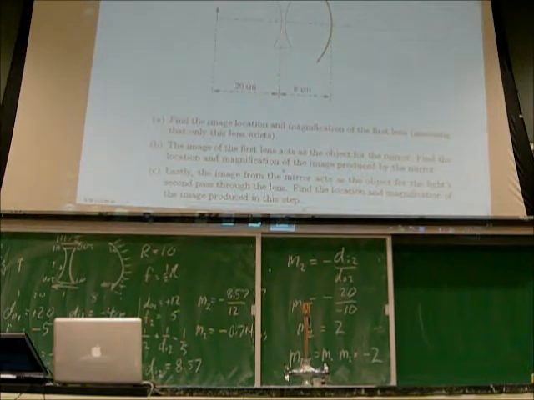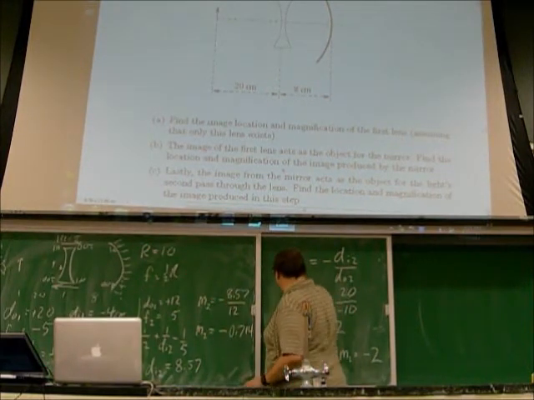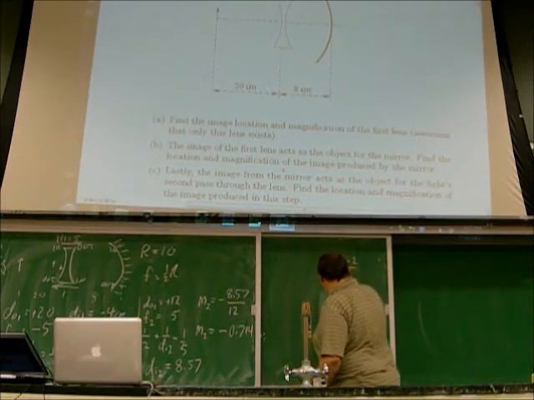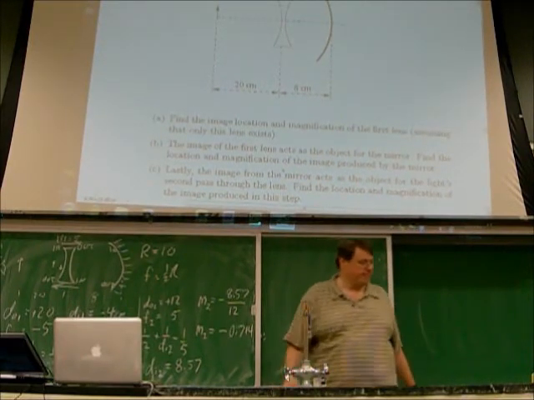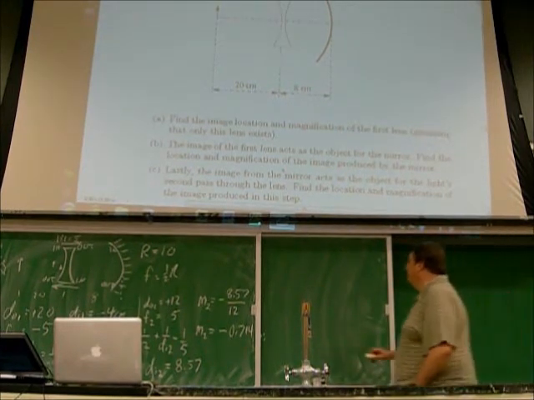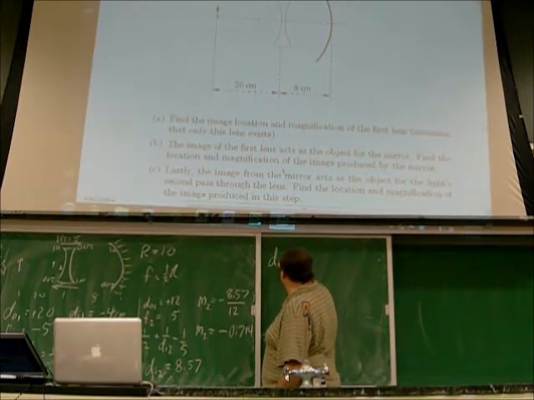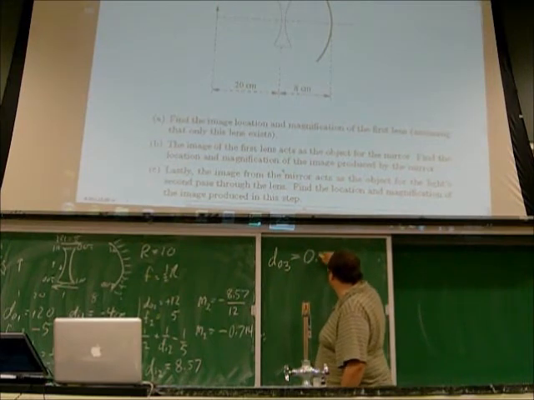Okay, finally, the last step. Distance, object 3 is what? 0.57.